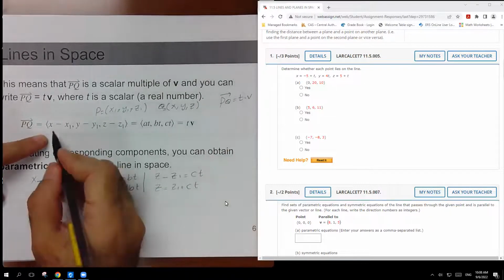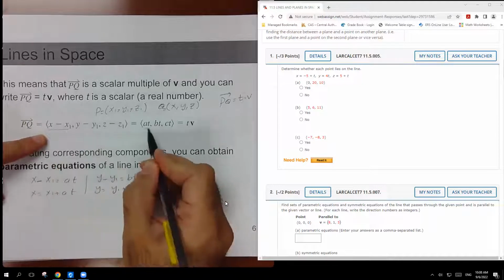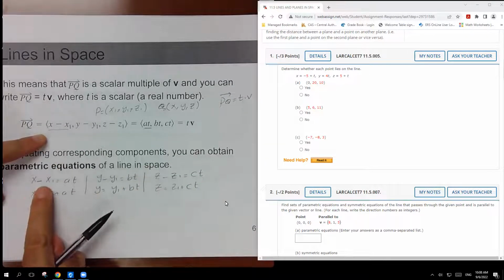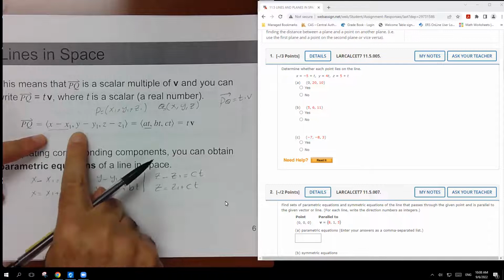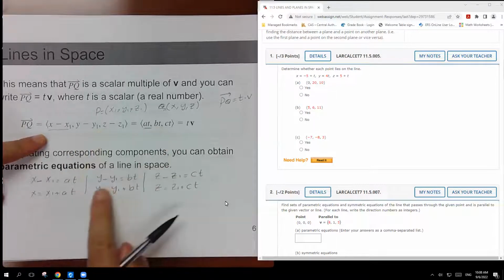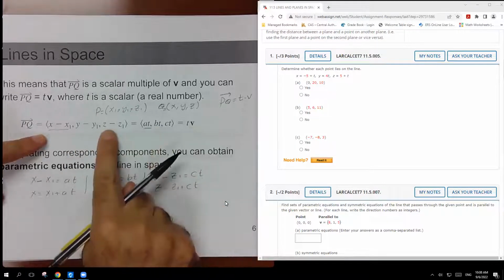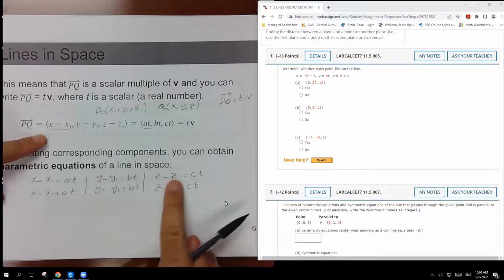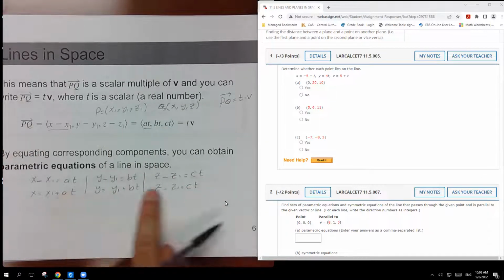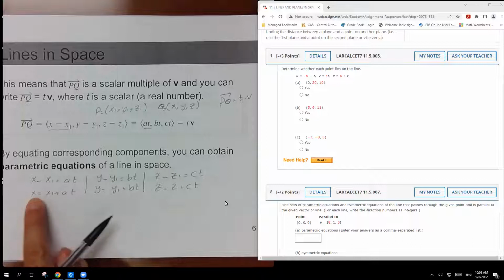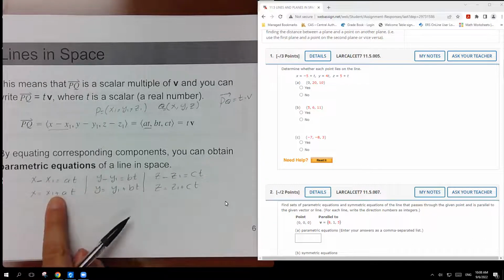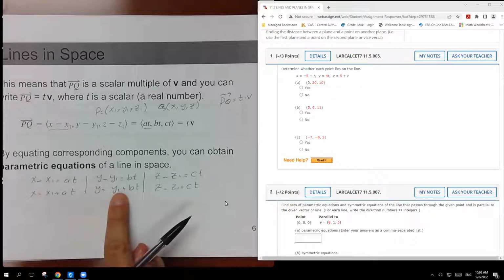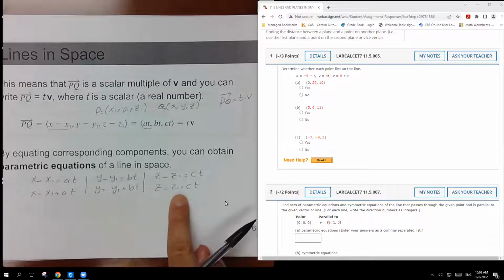Let's extend that. X minus X1 equals AT. Y minus Y1 equals BT. Z minus Z1 equals CT. Now solve for each variable by leaving the X here and moving the X1 to the other side, and moving the Y1 and the Z1 to the other side.